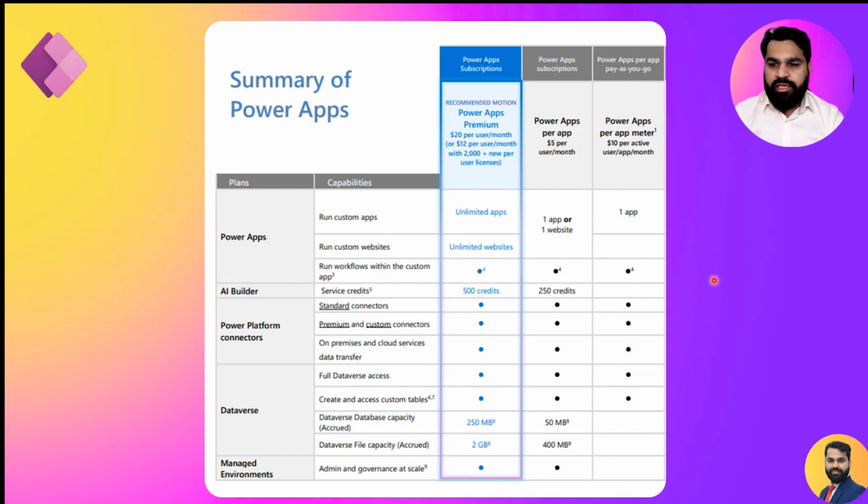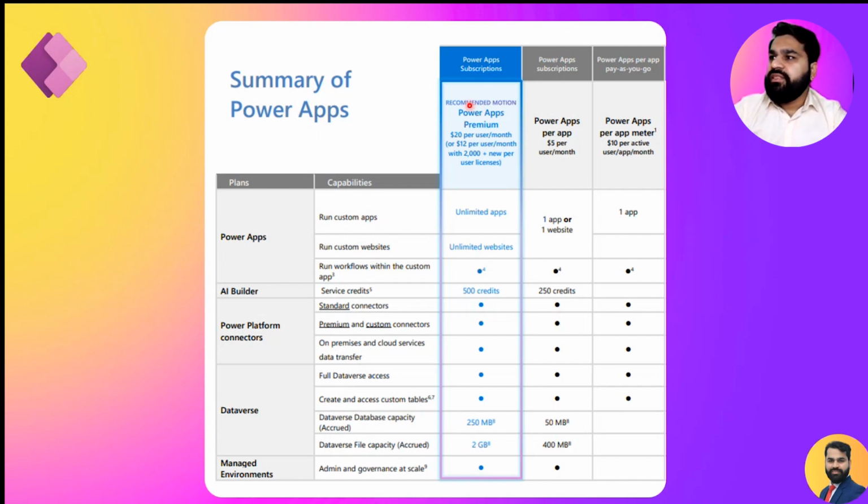For example, Dataverse, SQL, Oracle. If we use any of these connectors, automatically the Power Apps or the Power Automate becomes premium. Now, to have the end user access these, they always need a specific license. Now we are coming to the licenses. So now when we understand what is premium and standard, then we come to the Power Apps licensing summary.